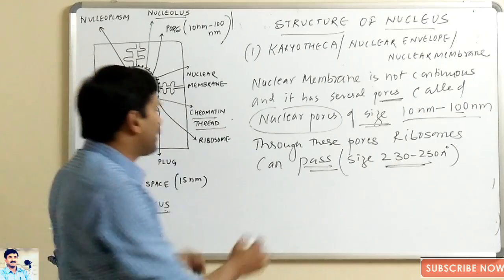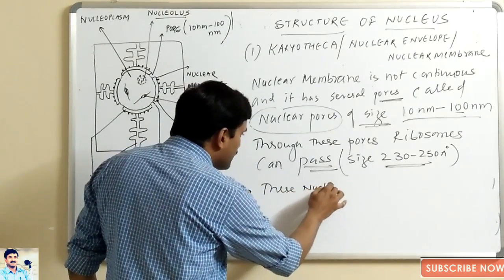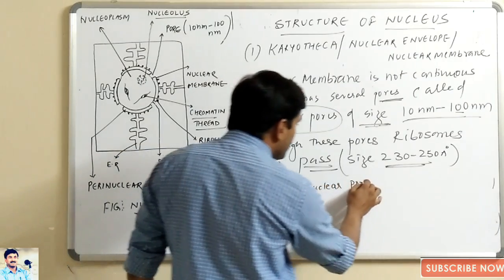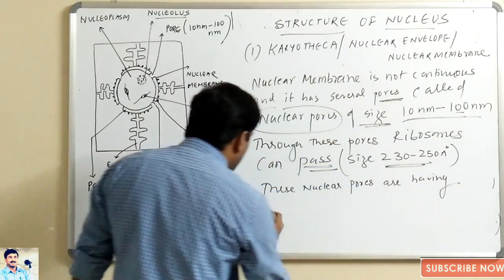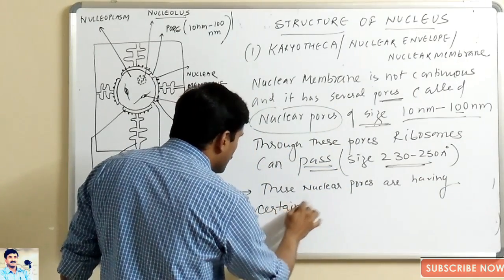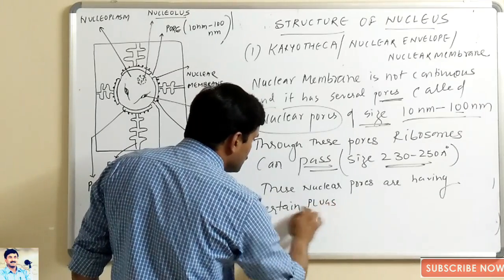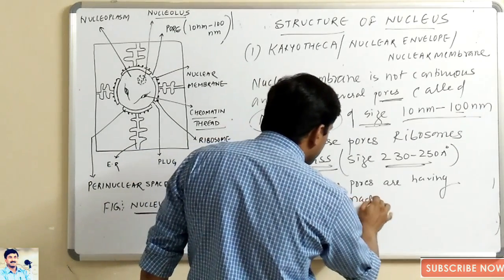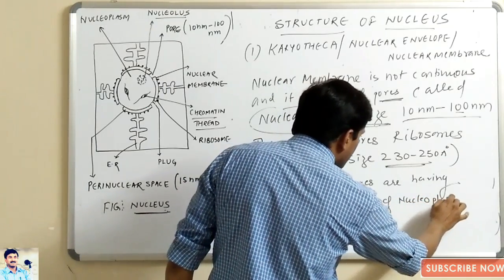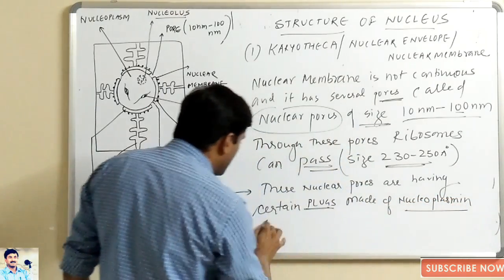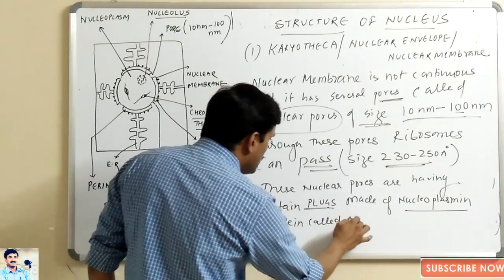Now what happens is that these nuclear pores have certain plugs made of nucleoplasmin protein, called annulus.